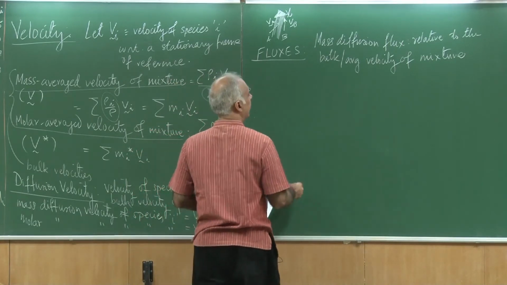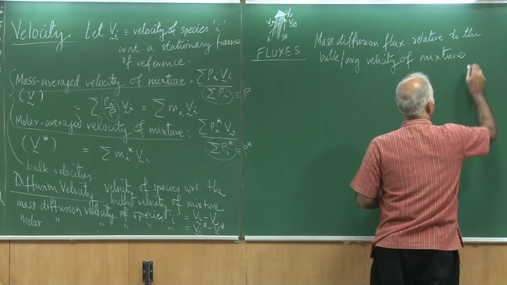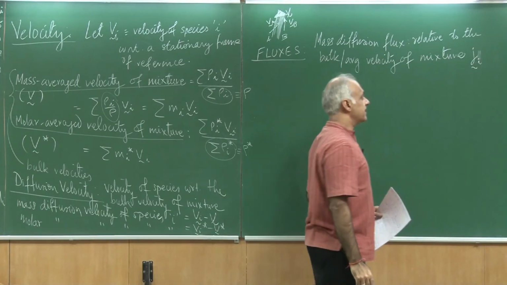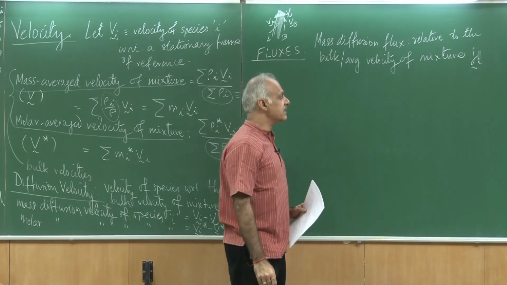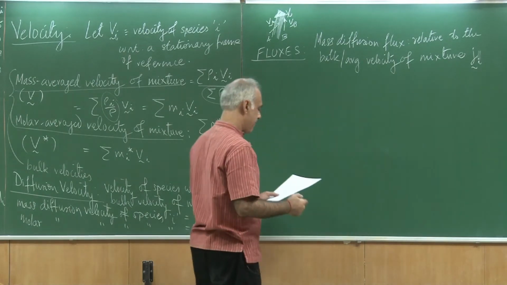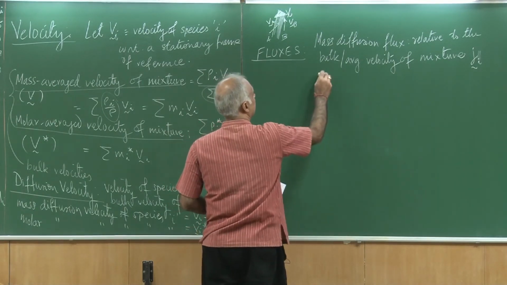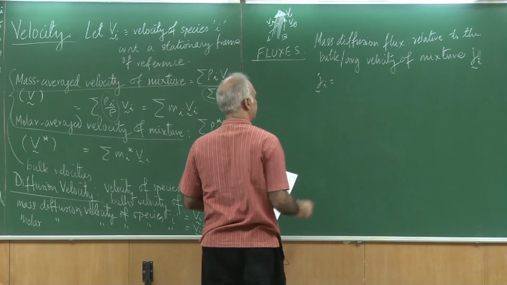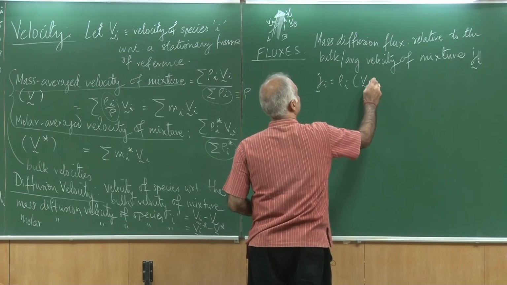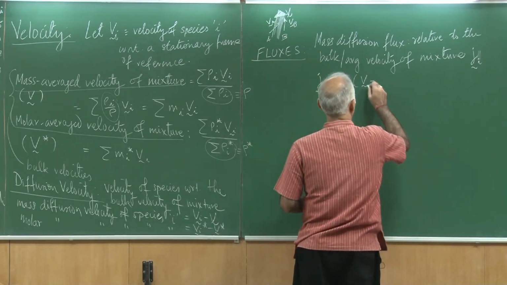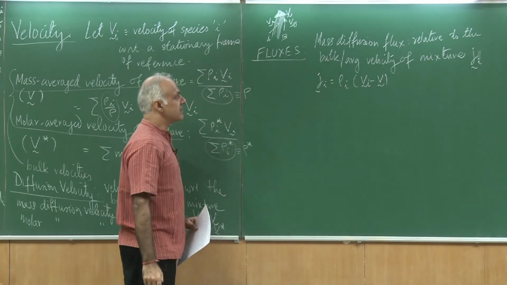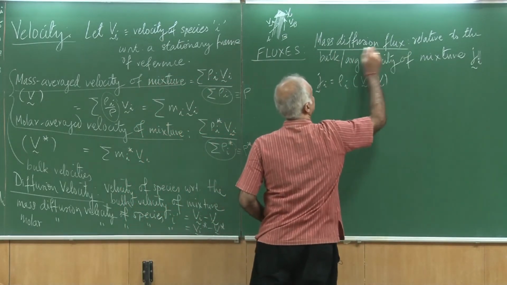So I refer to them as Ji. So J is the symbol for the flux, the diffusion flux, and the subscript I refers to the species. And the formula is that Ji is going to be simply rho I times Vi minus V. So that's the mass diffusion flux.